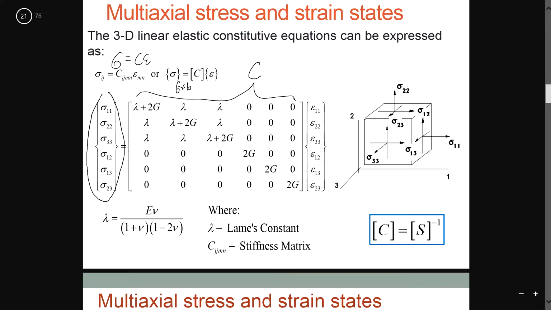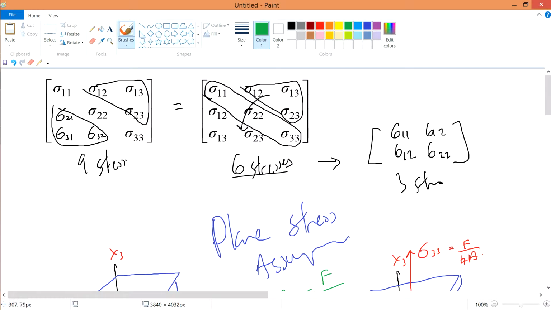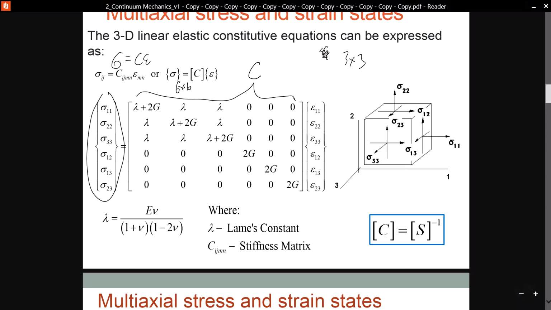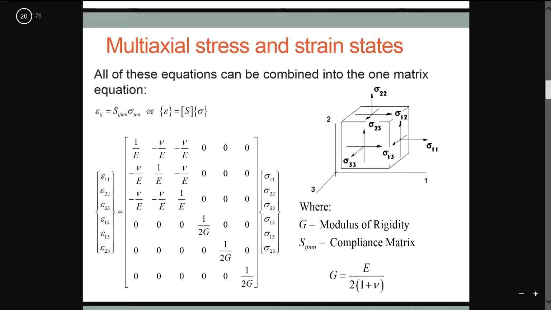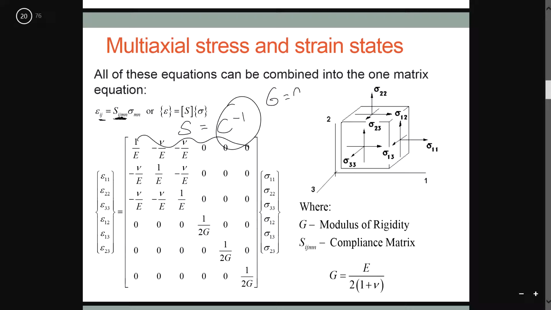We know that the stress tensor of a 3 by 3 system, in other words the cube over here, is reduced to 6 stresses, and these 6 stresses are being discussed here. For the strain, this is called the compliance matrix S, and we know that it's the inverse of C, correct? Because sigma equals C times strain.